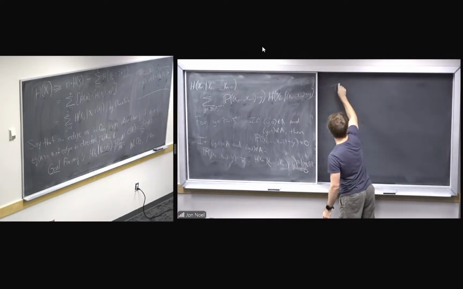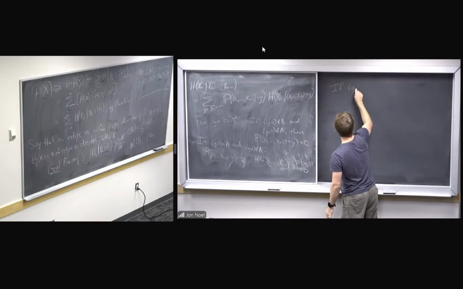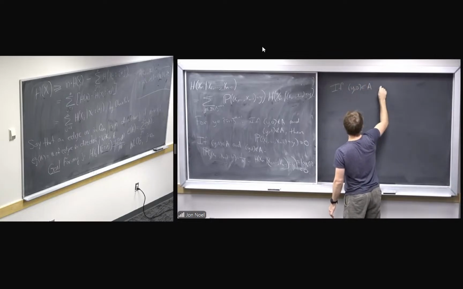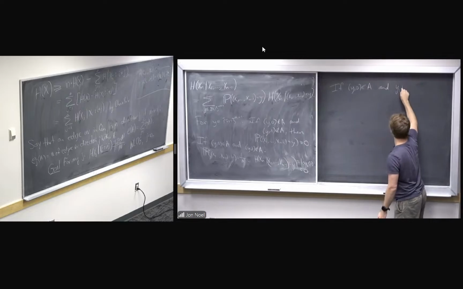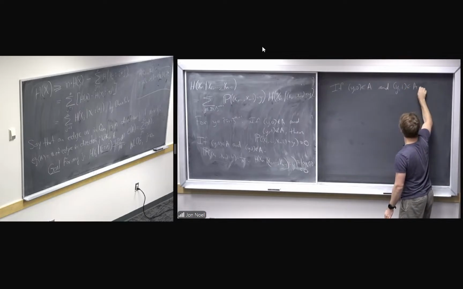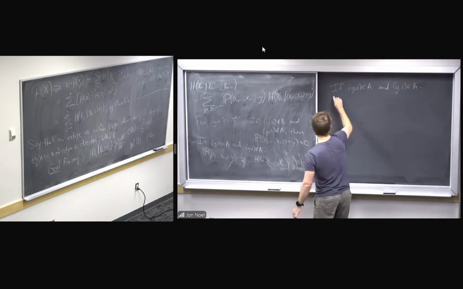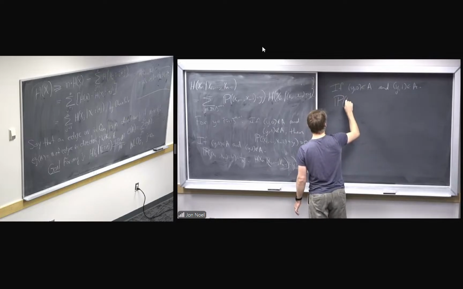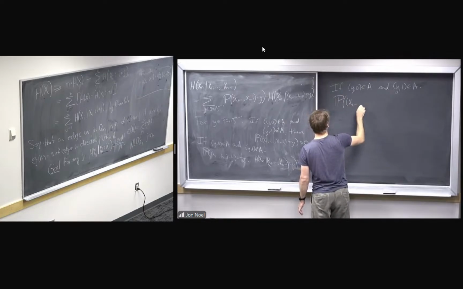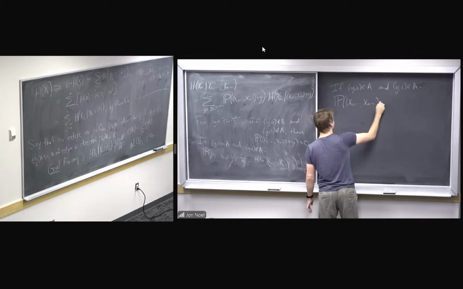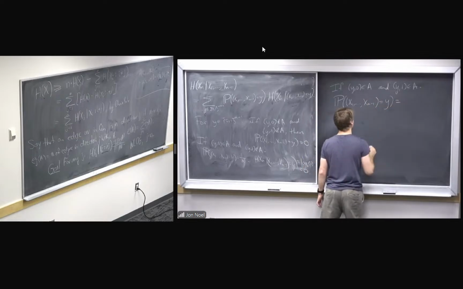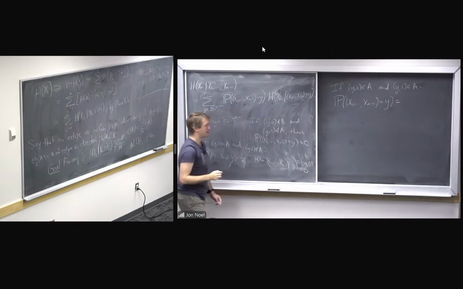So now let's think about if y comma 0 is in A and y1 is in A. Then the probability that x1 up to xn minus 1 is equal to y. Can anyone see what it's going to be?